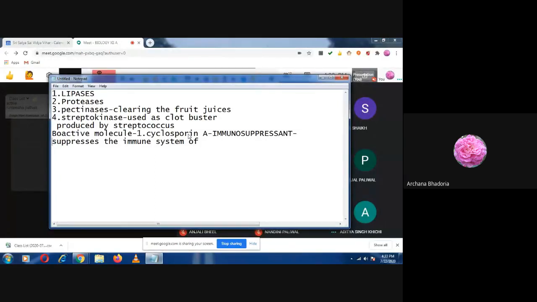Now the body's immune system will not identify it as self, it will recognize that it is non-self. So the immune system starts responding and rejecting it. Since we are doing the organ transplantation purposely, we want the body to accept that organ. So we want that the immune system should not reject it. So in order to suppress the immune system, this cyclosporin A is given. Is this clear to everyone?